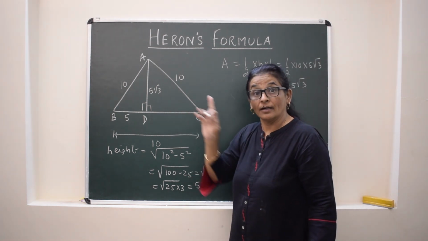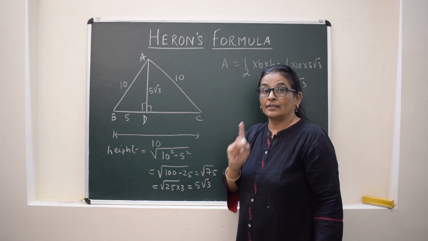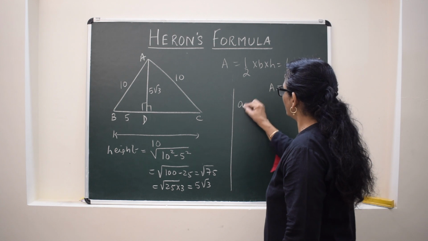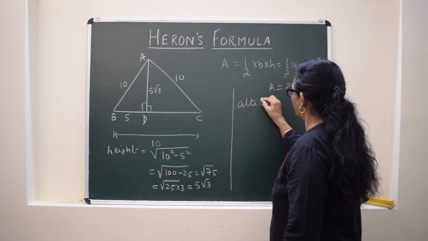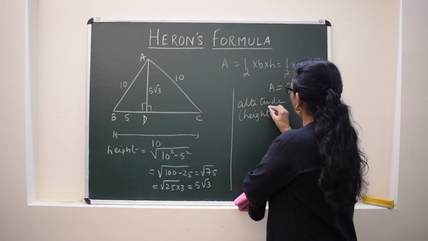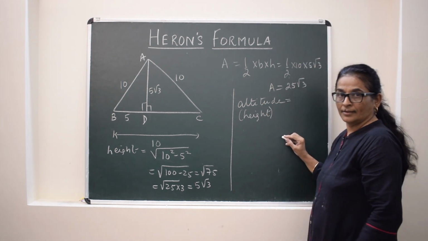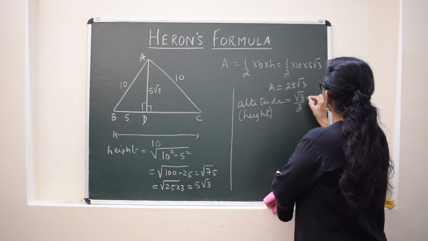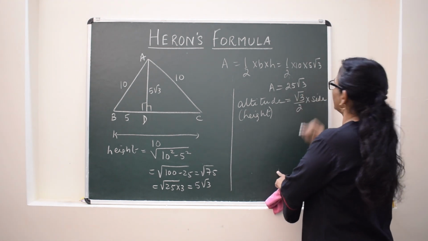We have calculated the height, but there is a direct formula. If you want to know the altitude, which actually is the height of an equilateral triangle, the formula is root 3 by 2 into side.